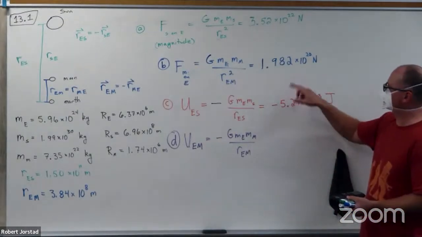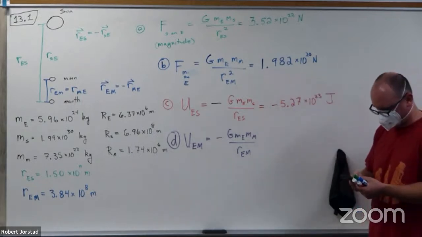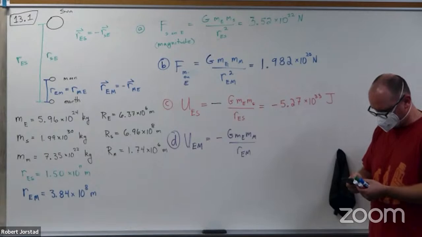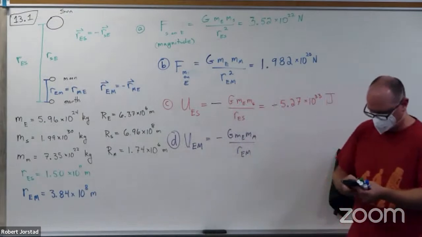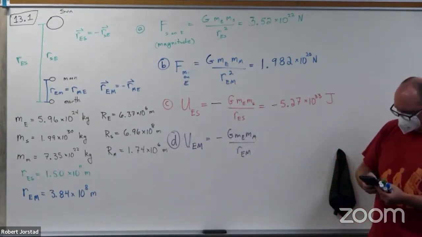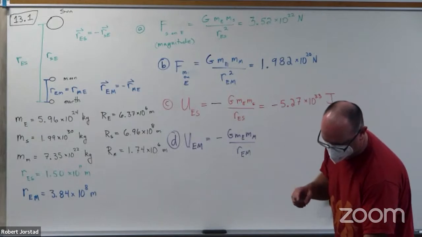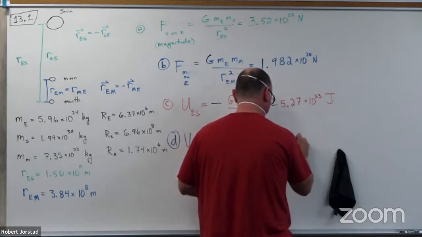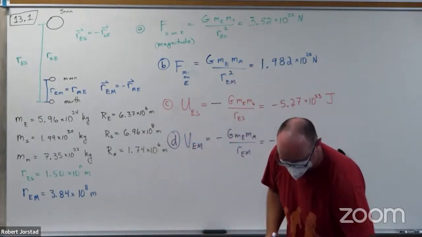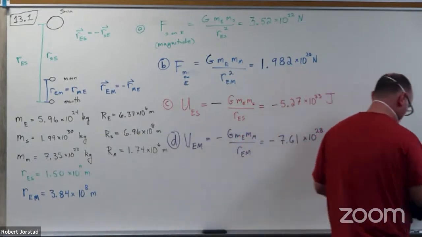That should be this number times that number with a minus sign. And then we've got to remember the negative 7.61 times 10 to the 28. All right. Got it?